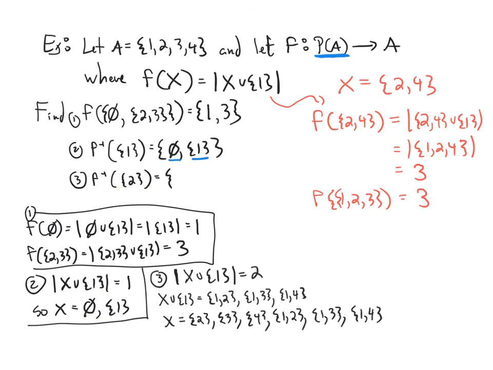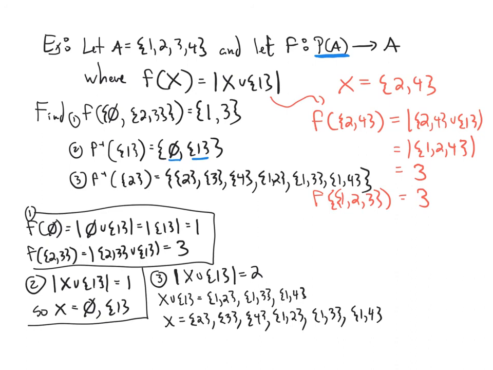So this preimage is a little more complicated, but that's okay. We have the set containing 2, the set containing 3, the set containing 4. Remember, these are elements of our domain, which is the power set, so they are subsets of A. And we have {1, 2}, {1, 3}, and {1, 4}.